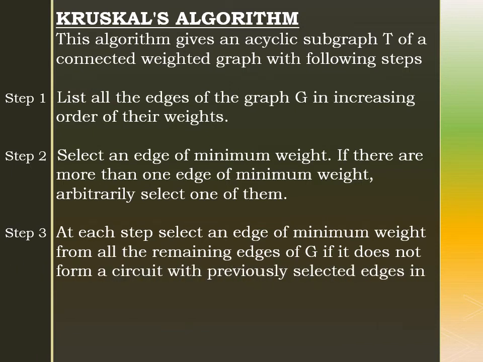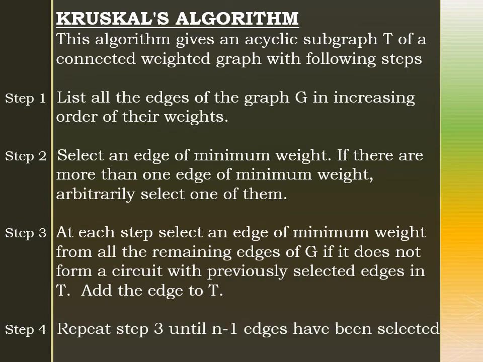Again, the condition remains the same, that it should not form a circuit with the previously selected edges in the graph. This step we will continue until n-1 edges are selected in the minimal spanning tree, where n is the number of nodes in the graph G.